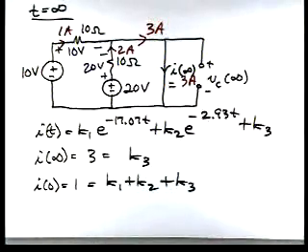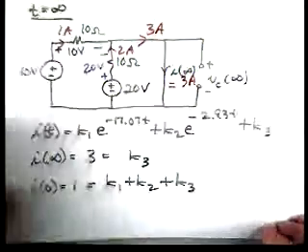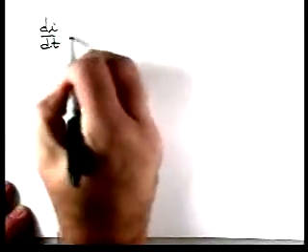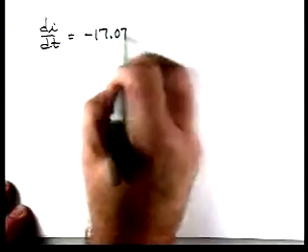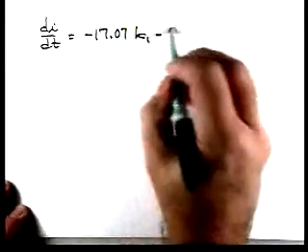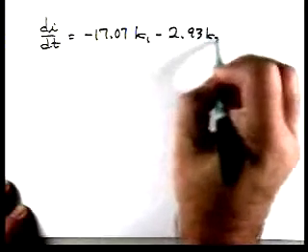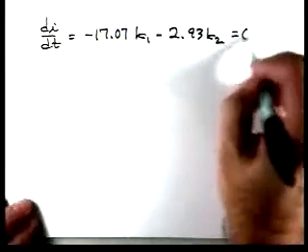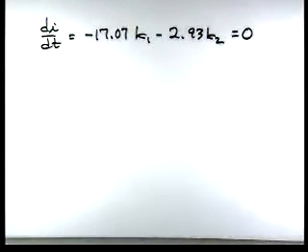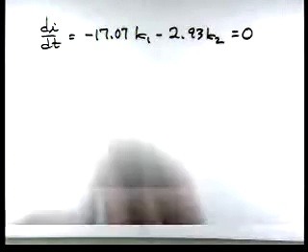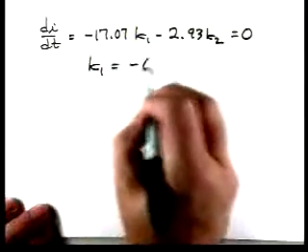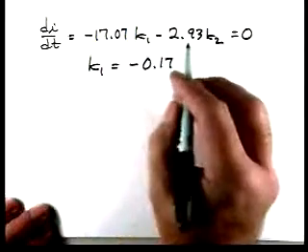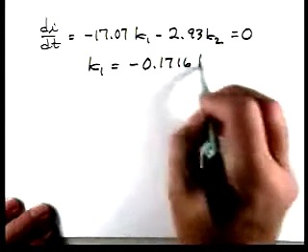Then if we take the derivative, di/dt, we will have minus 17.07 K1 minus 2.93 K2, and we know that's 0. If we take the derivative of that K3 term, that's a constant, so di/dt of K3 is 0. So we get that K1 is equal to minus 0.1716 K2.